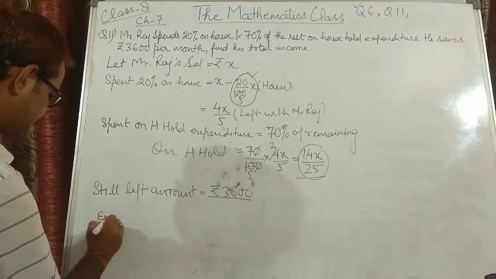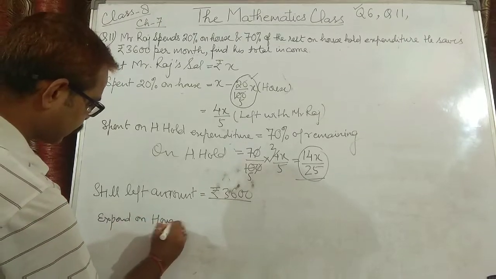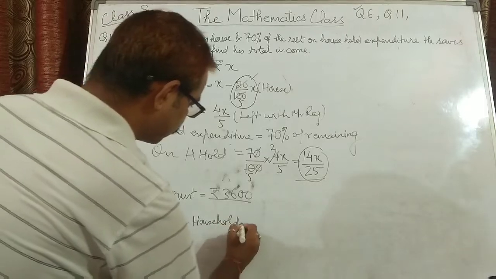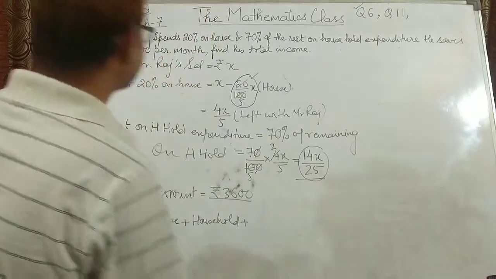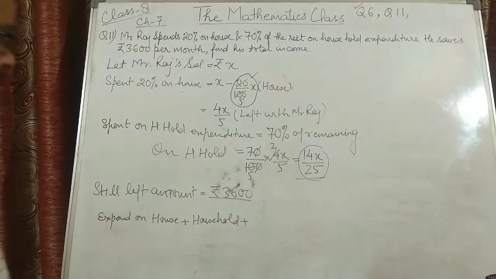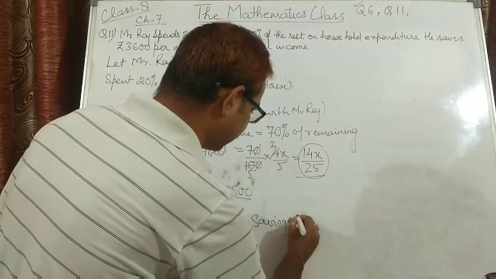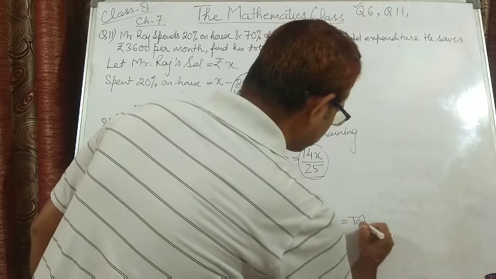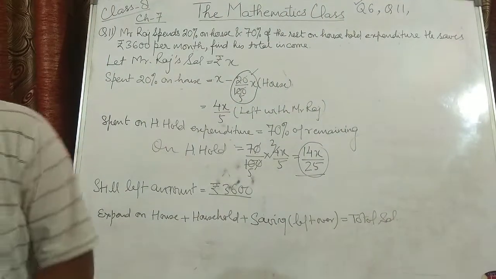Means expenditure on house plus household plus left amount, or you can say saving, I am writing leftover, will be equal to total salary.